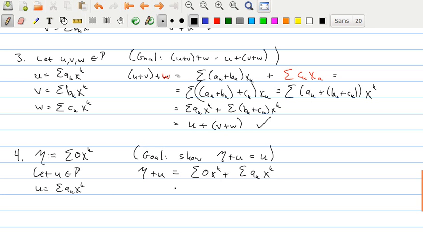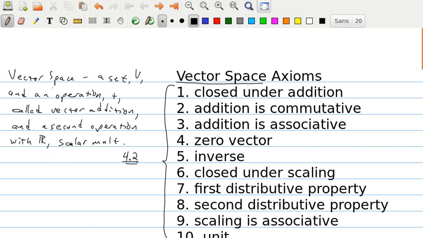And now using our definition of vector addition, this is the sum of 0 plus ak x to the k. And then using the identity property for real numbers, I know that 0 plus any real number leaves it unchanged. So this becomes the sum of ak x to the k. And this is just the same thing as u. So this says that if I add the zero vector to u, it remains unchanged. So we've got our fourth axiom down. We know that it satisfies the zero vector axiom. There exists a zero vector.